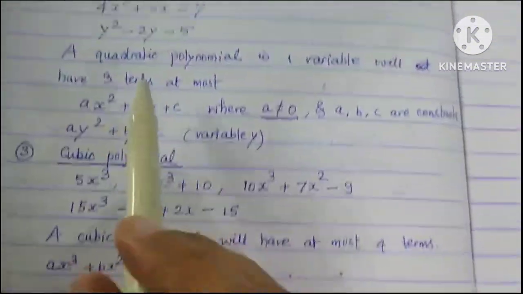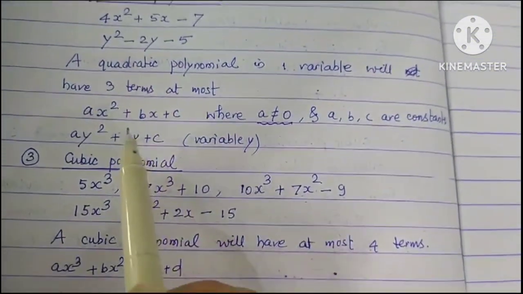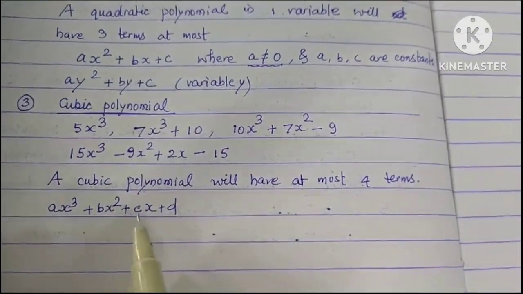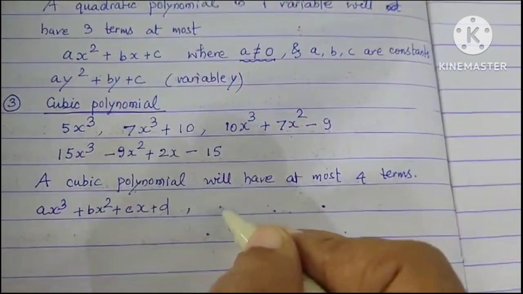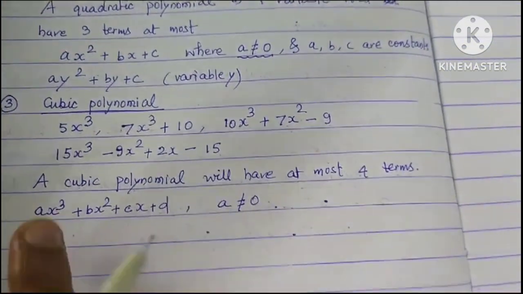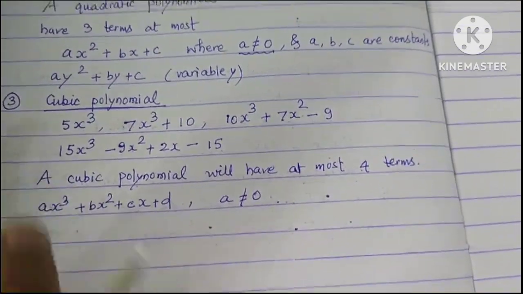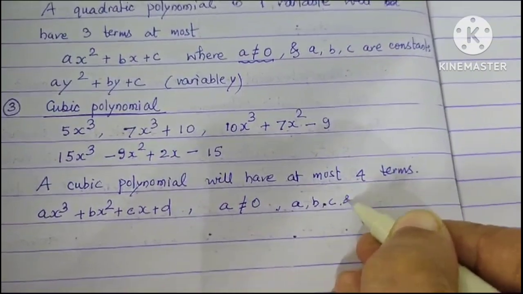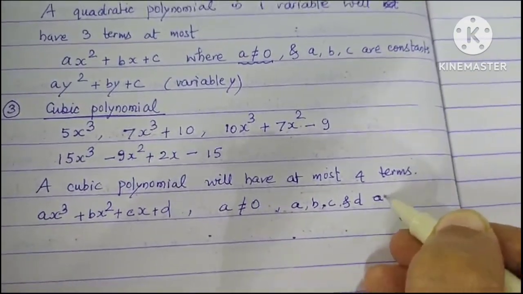Likewise, a quadratic polynomial general form will be ax square plus bx plus c. Here it will be ax cube plus bx square plus cx plus d, and the condition is a is not equal to 0, because if you make a equal to 0, then it will reduce to a quadratic polynomial. And a, b, c and d are constants.